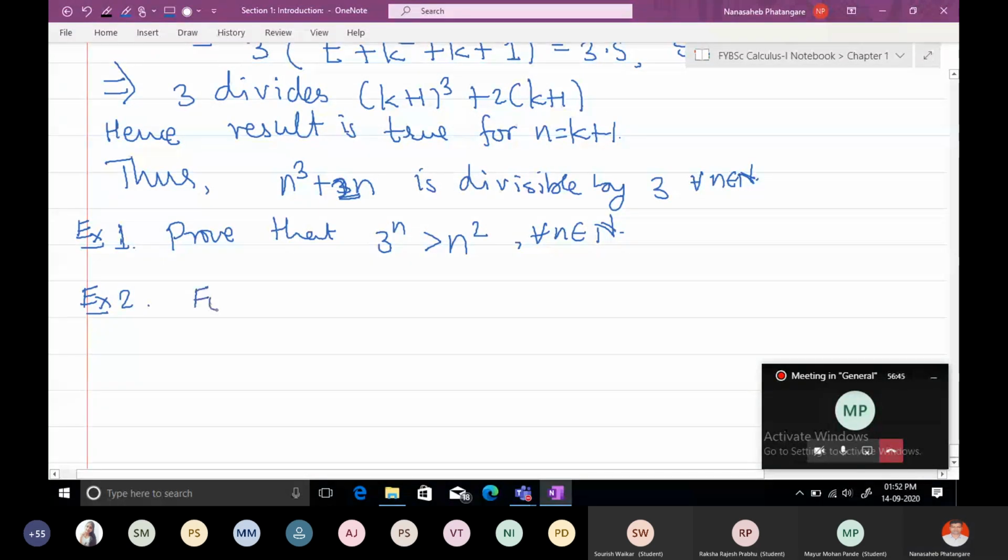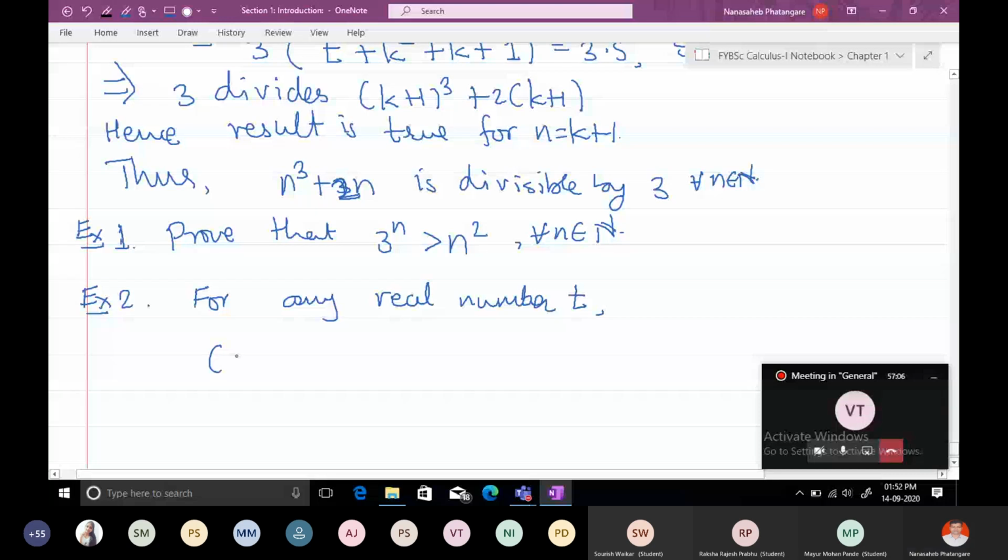For any real number t, (cos t plus i sin t) raised to n is equal to cos of nt plus i sin of nt, and this is true for all n, for all natural numbers.